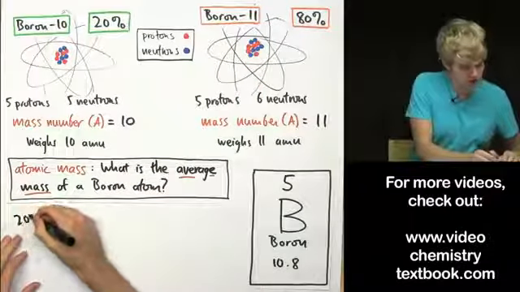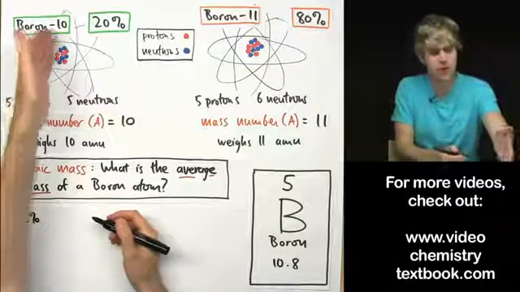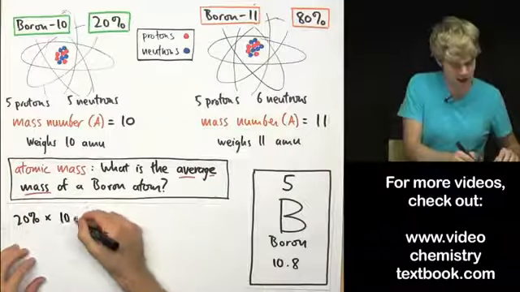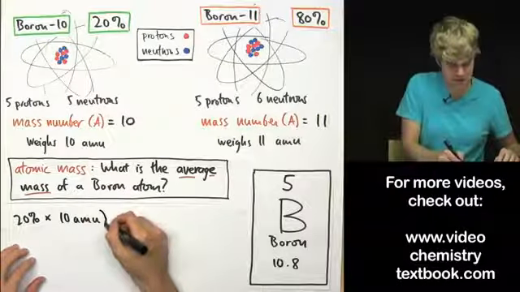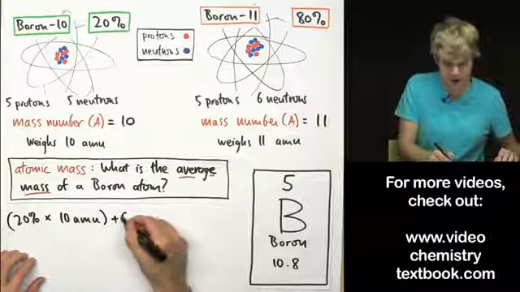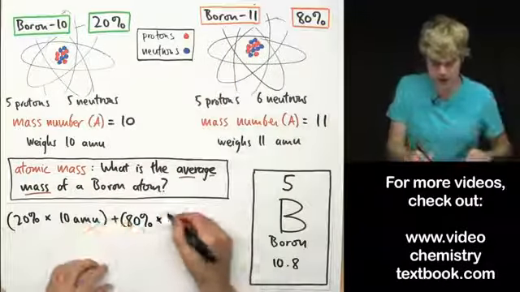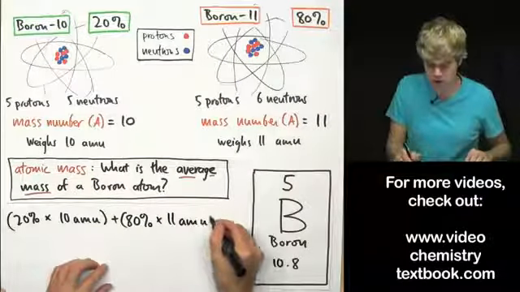We take the fact that there are 20% boron 10 atoms and that they weigh 10 AMU each, so 20% times 10 AMU. And then we add that to 80%, which is over here, times 11 AMU.